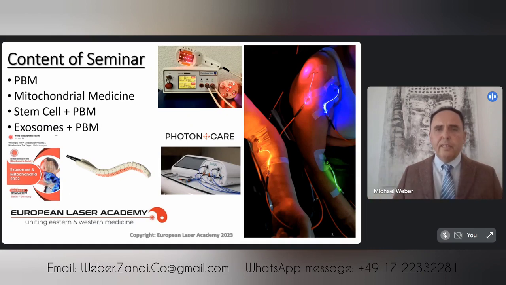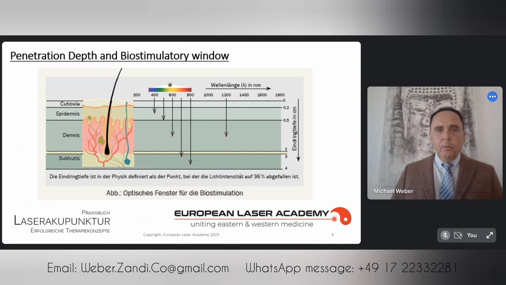And on this opening slide, you see the different devices that can be used in photomedicine. We can work transdermally, and we can work interstitially and intravenously, as you see in the colored picture on the side of the cartoon. All of you who attended prior seminars know only a few colors can penetrate down into the tissue.